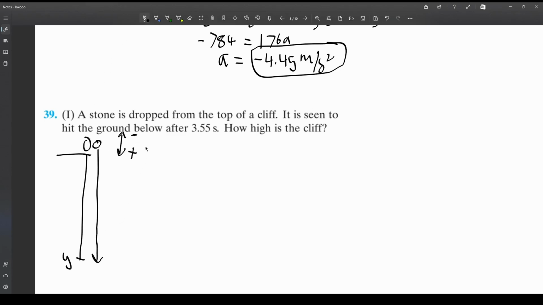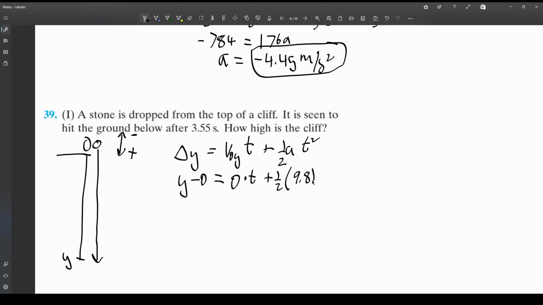So if we treat the bottom as positive, this all will just fall together. So delta y is equal to v naught y t plus 1/2 a t squared. And delta y in this case will be y minus 0, which is equal to v naught y, which initially is 0. So 0 times t plus 1/2 9.81 t squared, because there's gravity acting.